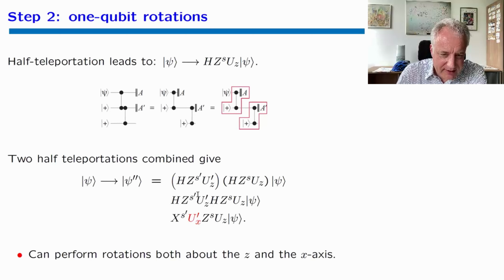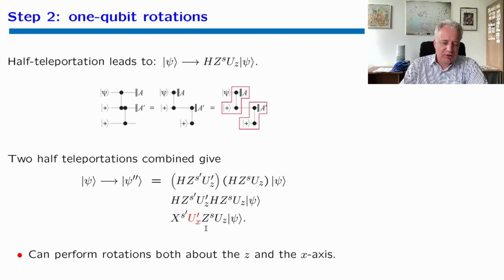And then, since this has been propagated out, it hits the other Hadamard and annihilates. So this is what we find: a z rotation followed by a z flip, conditional on the measurement outcome, and then an x rotation followed by a potential x flip, conditioned on the second measurement outcome.